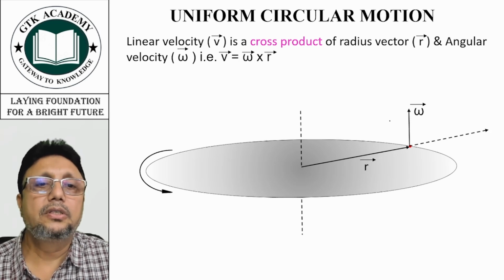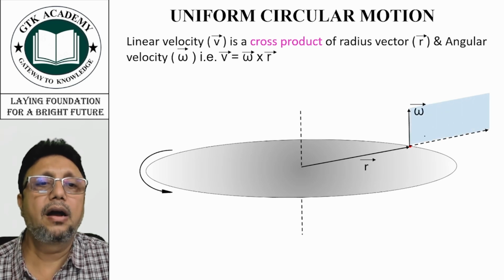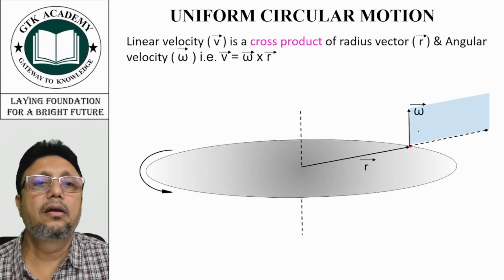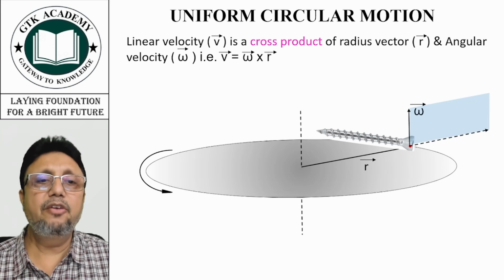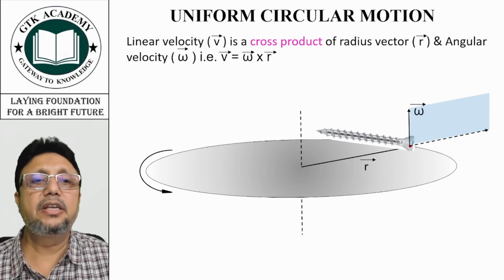Now, just extend the direction of r like this, and this is the plane formed by omega and r. Now keep a screw whose axis is perpendicular to this plane. Now this is a 3D figure. You have to just make some imagination.